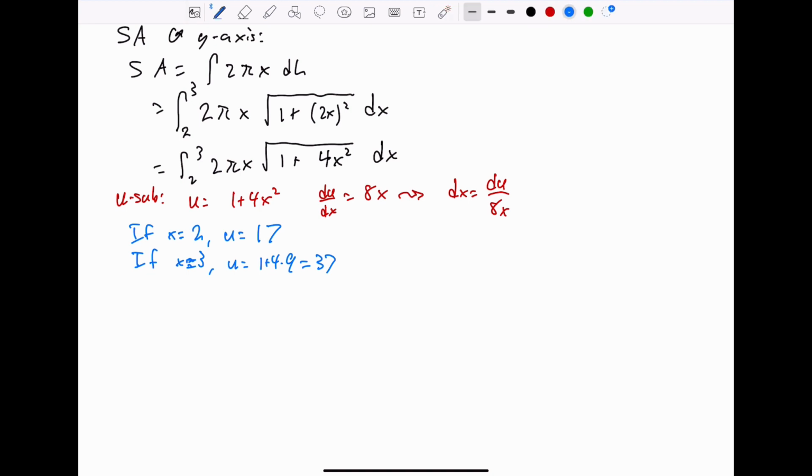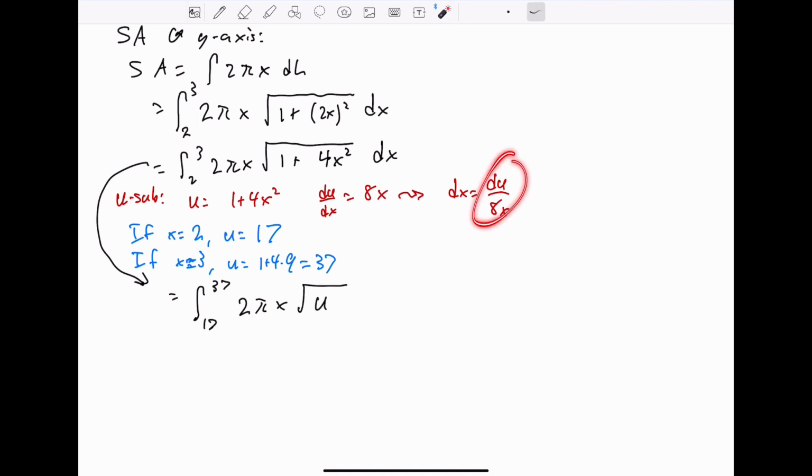Now we're ready to write the transformed integral. We have the integral from 17 to 37 of 2 pi x square root of u, and now dx is du divided by 8x. So we replace the dx with du over 8x.